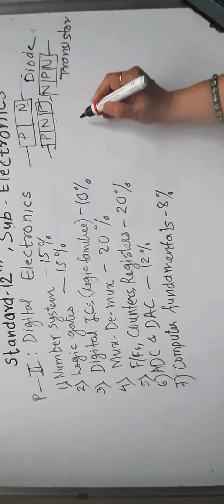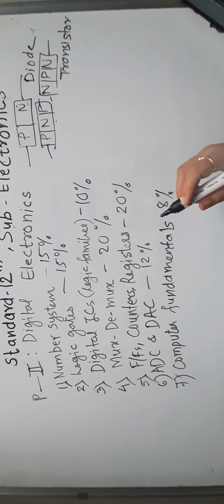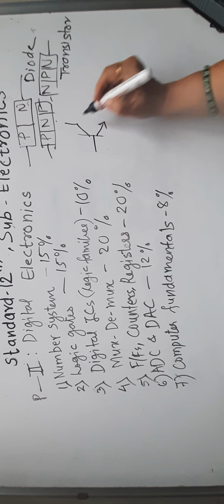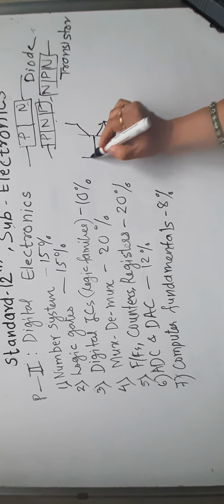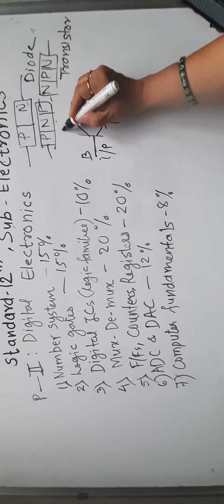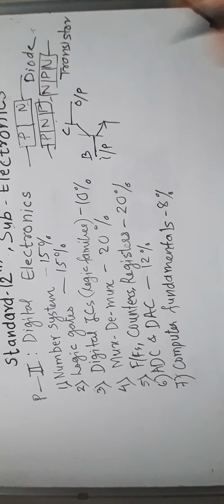See, a transistor itself is a NOT gate. NOT gate means what? Here at the base we apply input, at the collector we observe output.